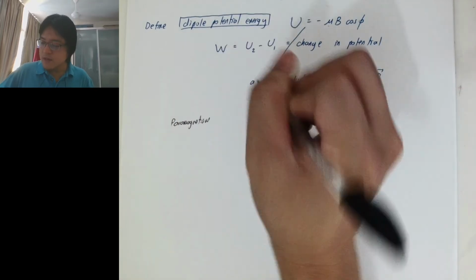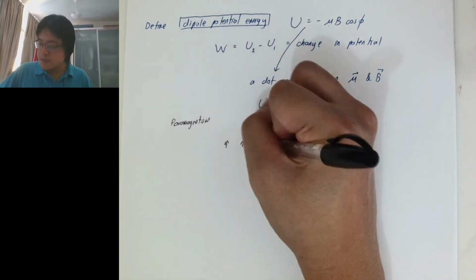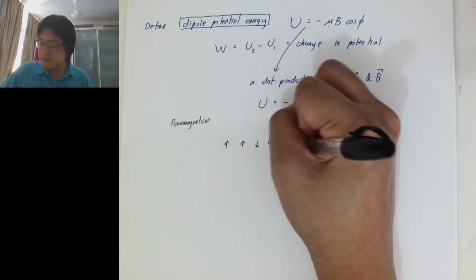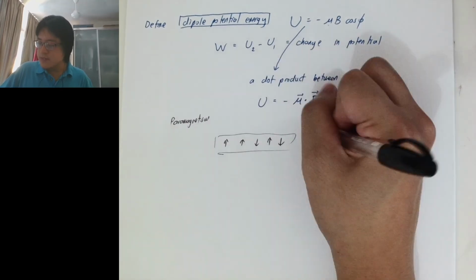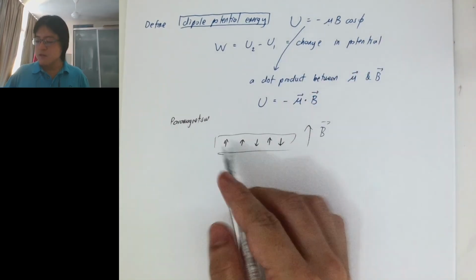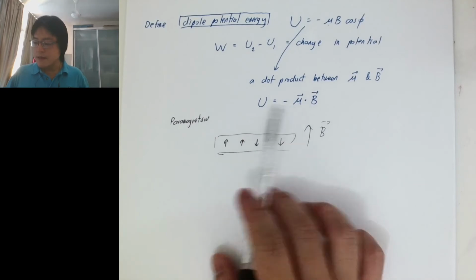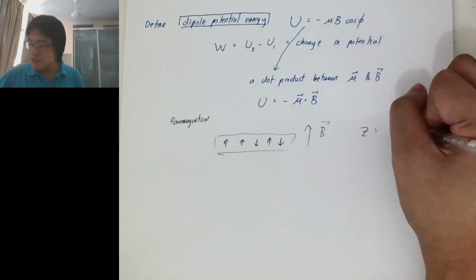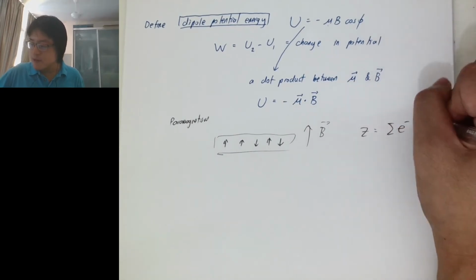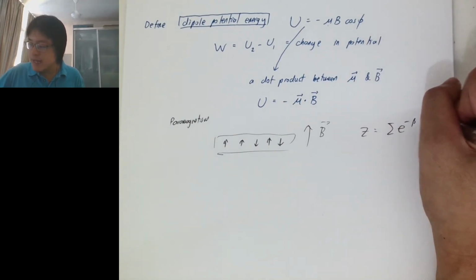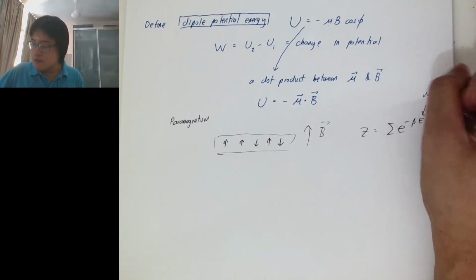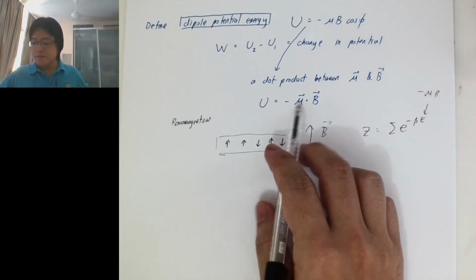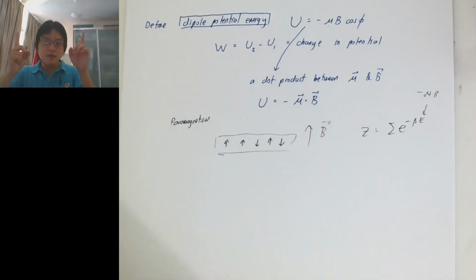Right, so it considers many spins in some material, and then you put it in some external magnetic field. The partition function is the summation of the exponential of beta times the energy, right? So the energy is going to be negative mu dot B. If it's pointing parallel to the magnetic field, it will be minimizing the potential energy.